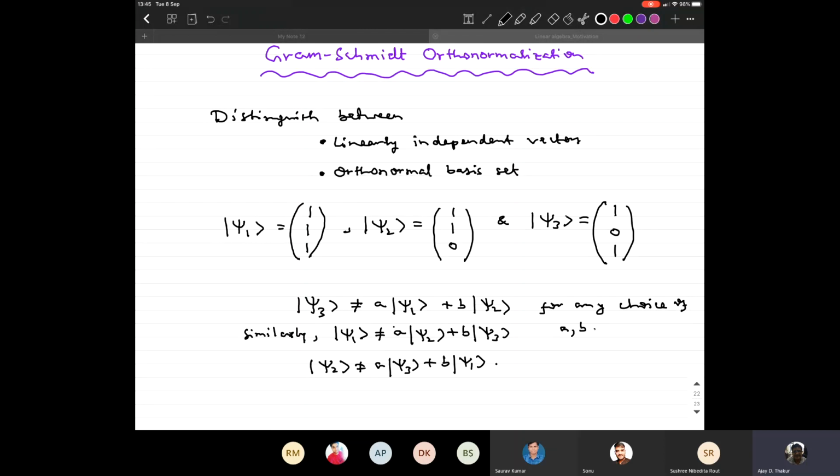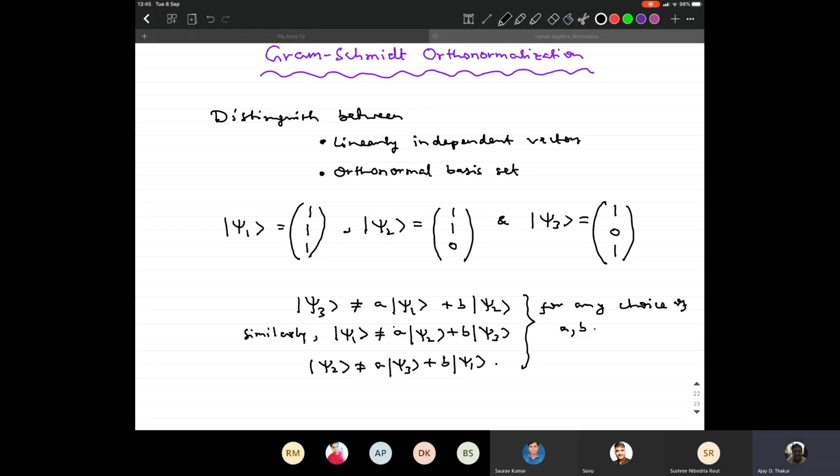So whatever the choice of a, b you make, you will never be able to write psi1, psi2 or psi3 in terms of the other two vectors. In such a scenario, you can call them linearly independent, but that provides you the strength of writing any arbitrary vector, say 1, 2, 3.